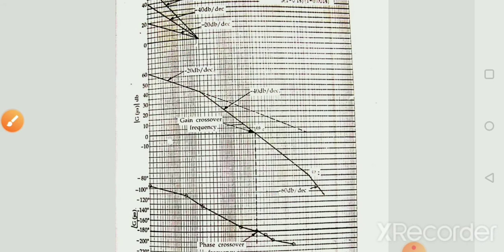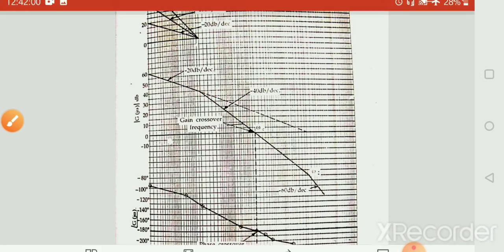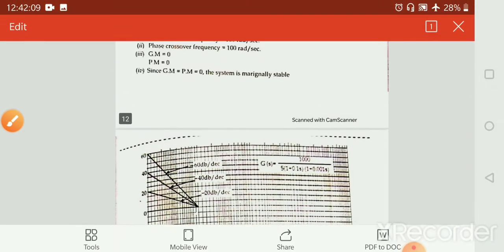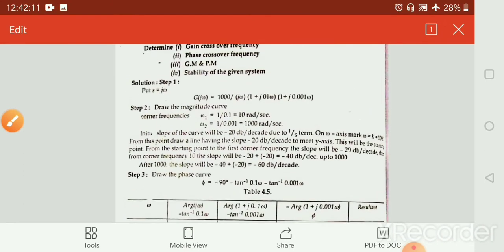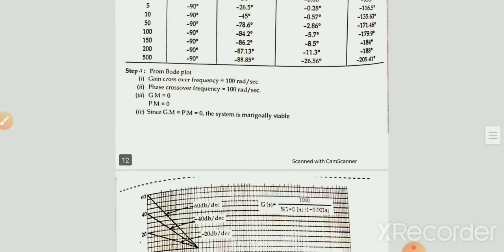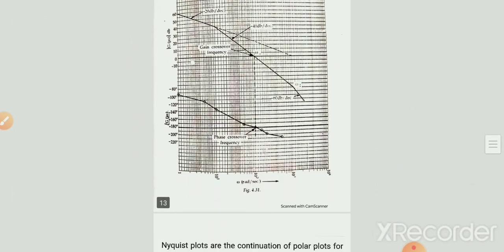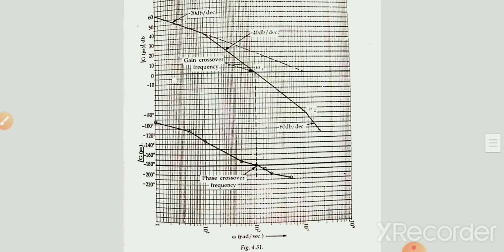First, our curve starts from minus 20 dB per decade and goes up to the first corner frequency. Our first corner frequency is 10 radian per second, and the next is 1000 radian per second.